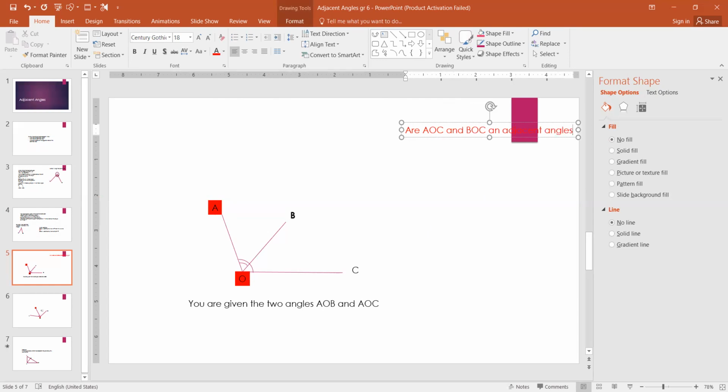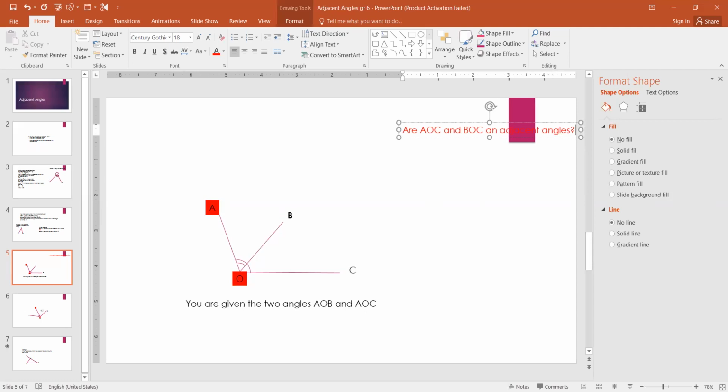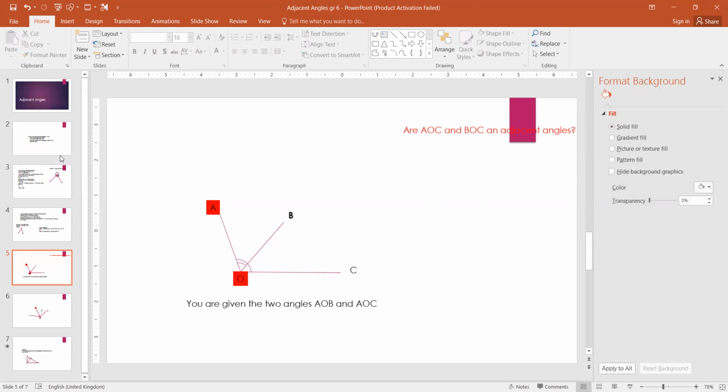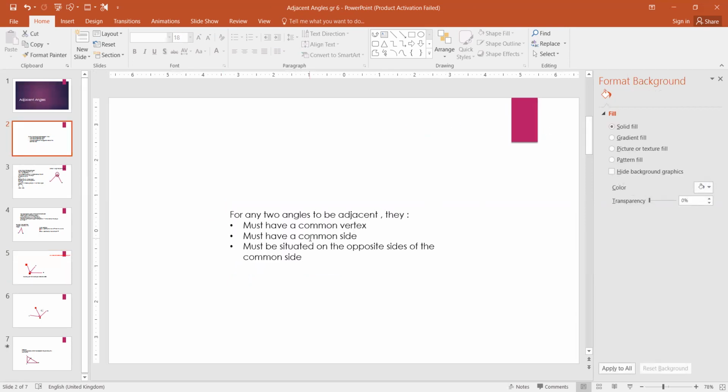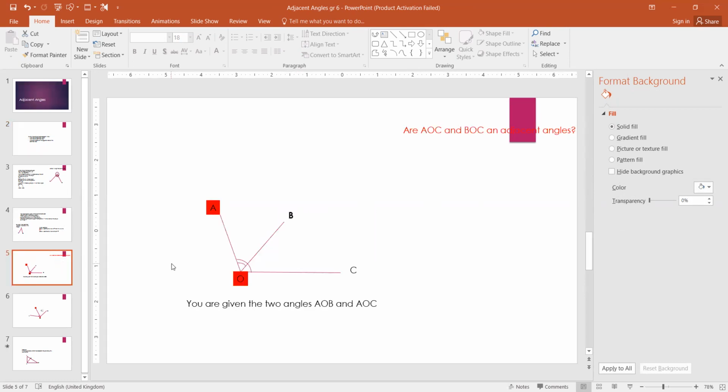You are going to ask yourself this question. Deal? As we previously explained, they must have a common vertex, meaning the same point is in both angles. The first angle is AOC, the second is AOB.